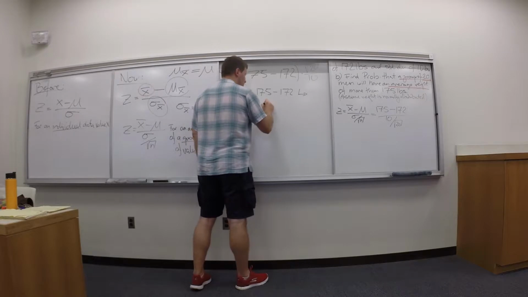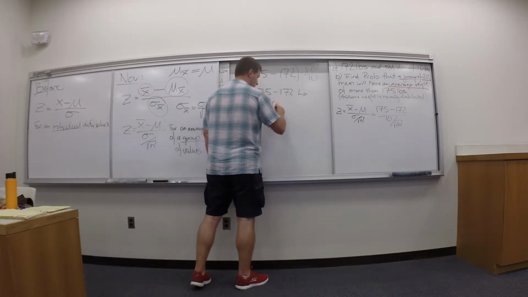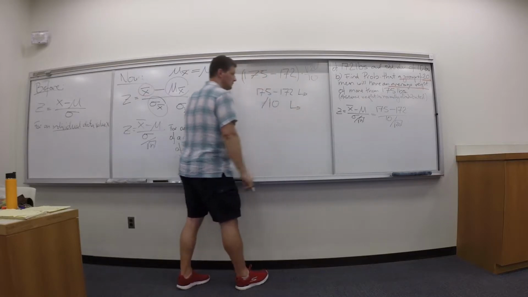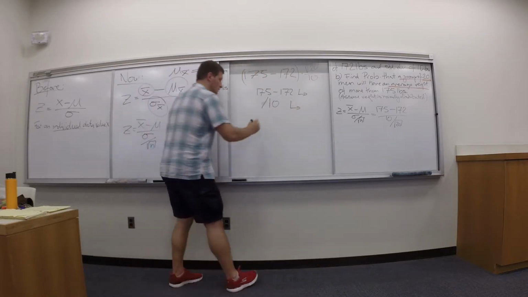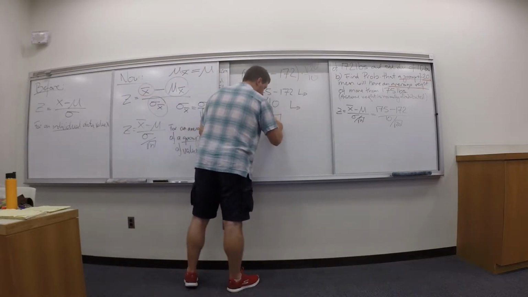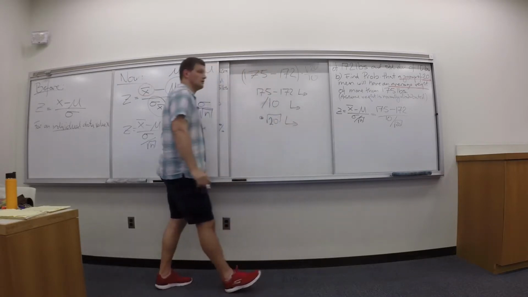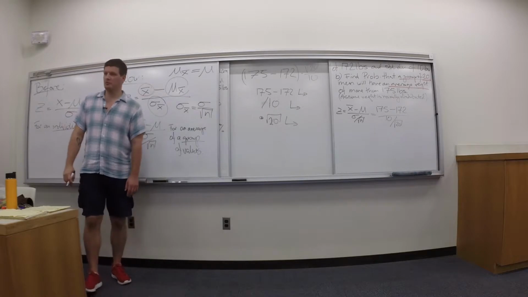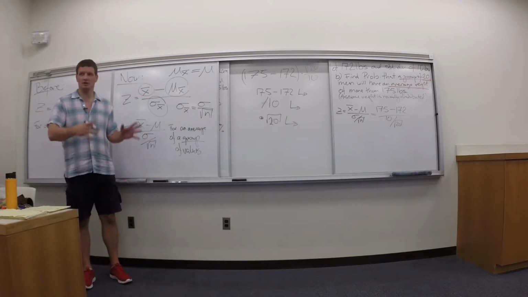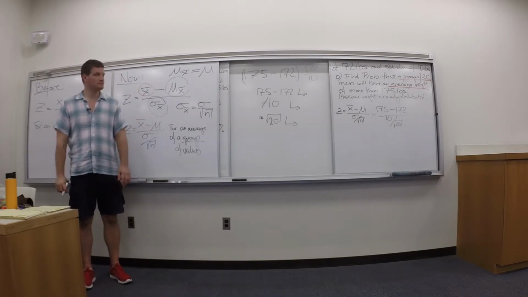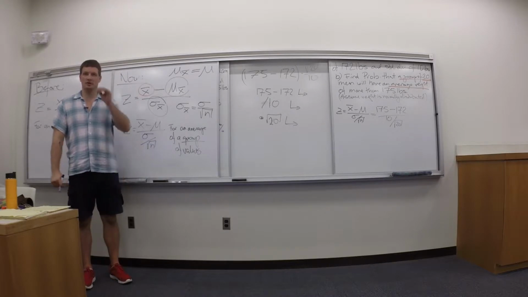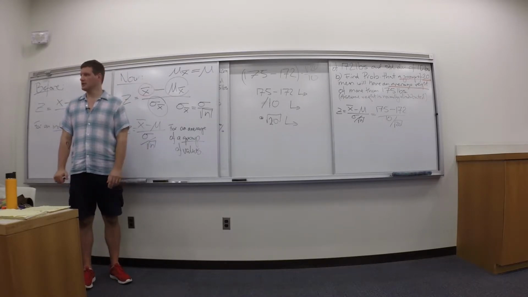Then you divide by 10, and you press enter. And then you go times square root of 20, and you press enter. Or if you want to play with parentheses, you plug in one times the other. But this is how you do it very efficiently on your calculator.